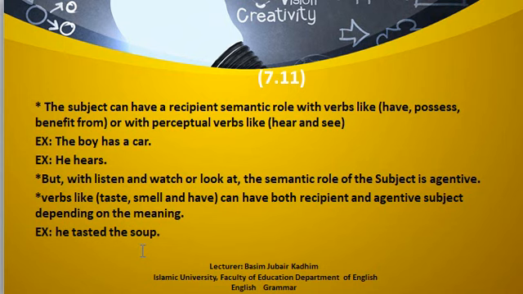For example, he tasted the soup. Now here, tasted the soup is not an action. It is a matter of perception. Or when we say I am tasting, now I am in the process of tasting. Here the subject is agentive, because the subject is in a process of tasting.